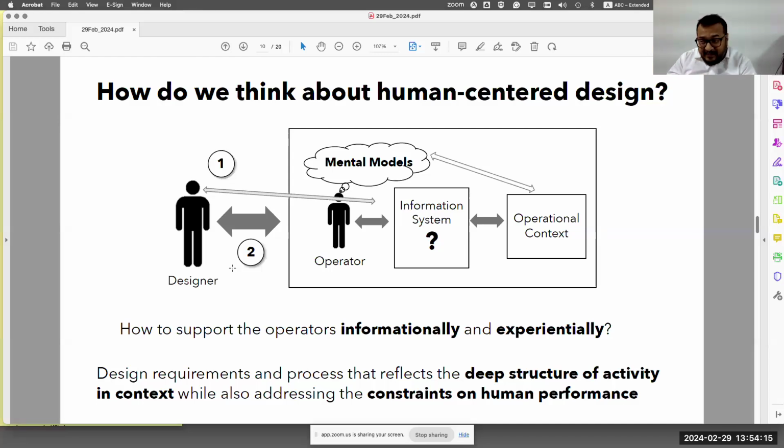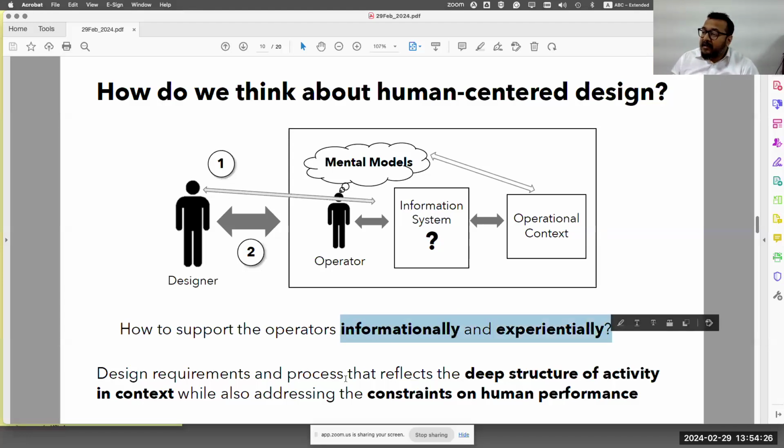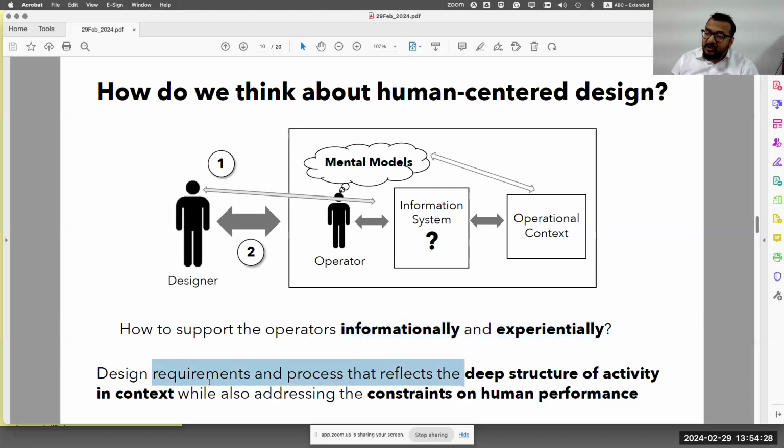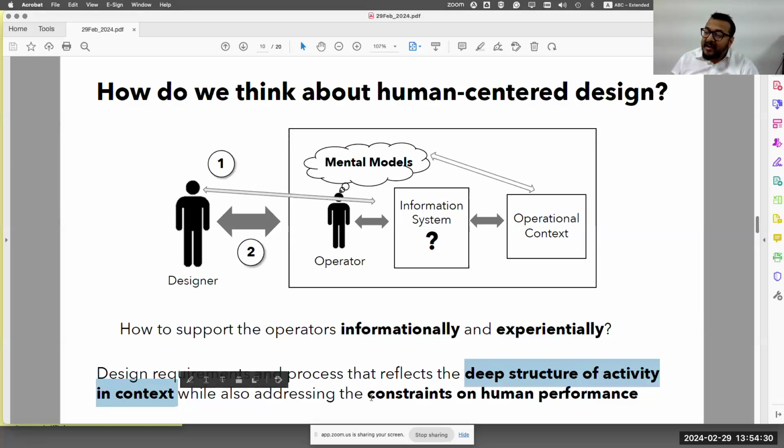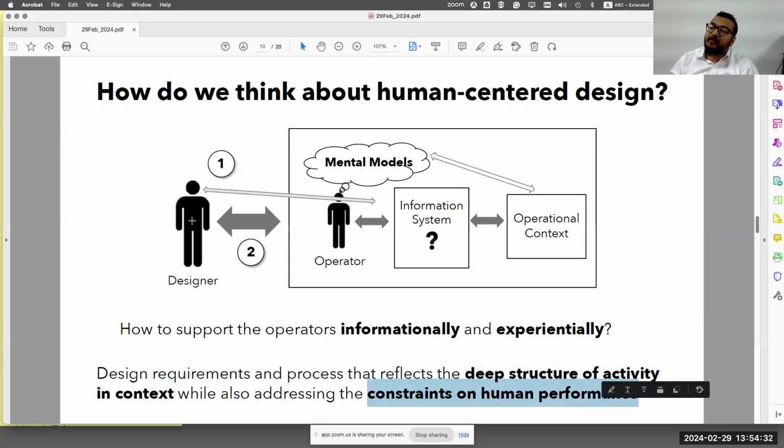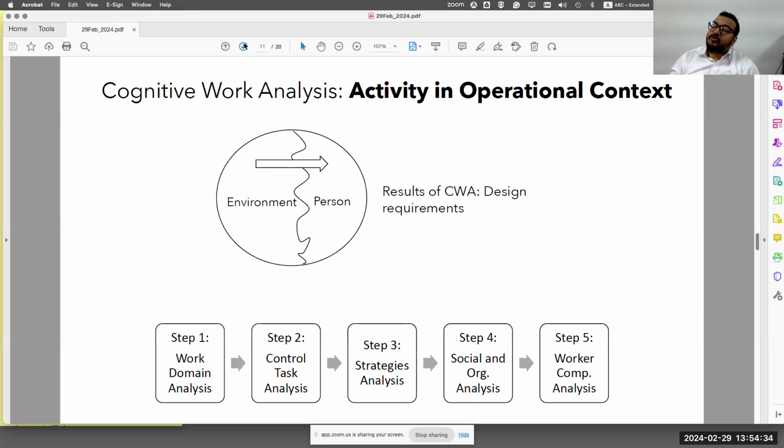So both have to be balanced together, right? And we have to understand how to support the operators informationally as well as experientially, right? And we have to understand the deep structure of the activity in context while recognizing the constraints of human performance. So some of the work that we do is looking at work analysis techniques, closely related to task analysis techniques.